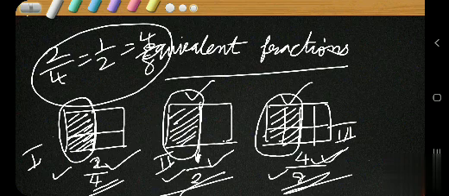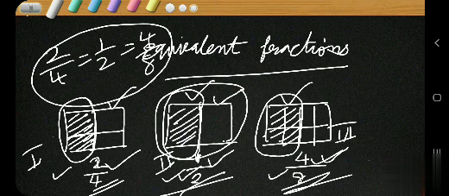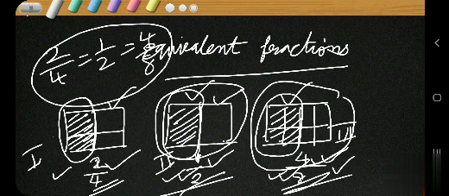The fraction 2 by 4 represents the half portion of the whole, the entire rectangle. In the second one, the fraction 1 by 2 represents the half portion of this whole rectangle. And in the third figure, the fraction 4 by 8 represents the half portion of the entire rectangle. So even if these fractions seem to be different, they are actually equal.